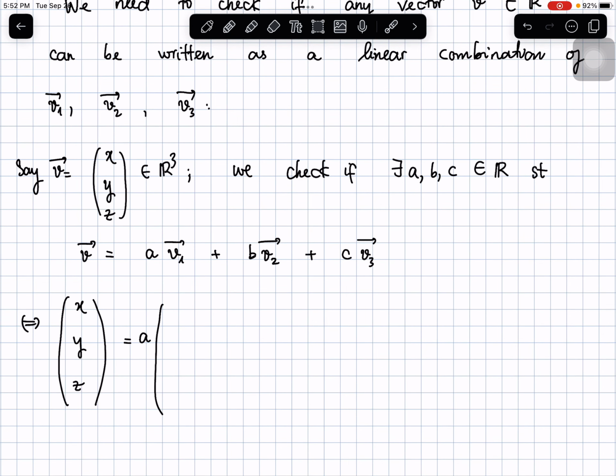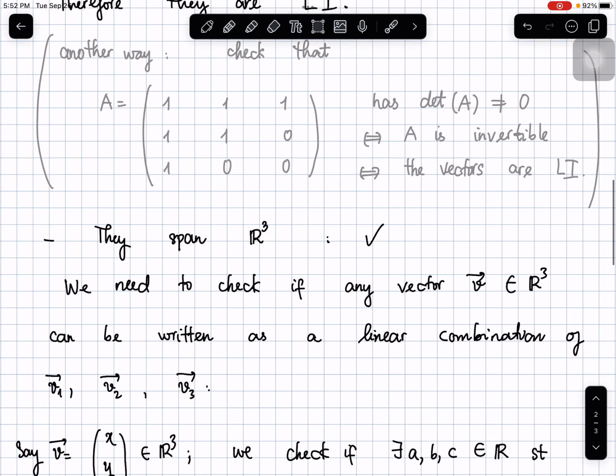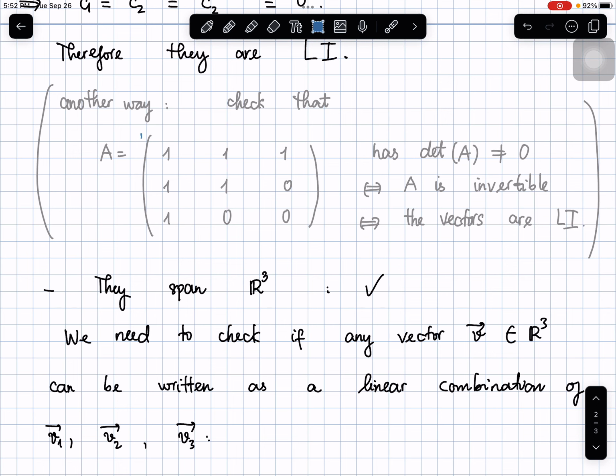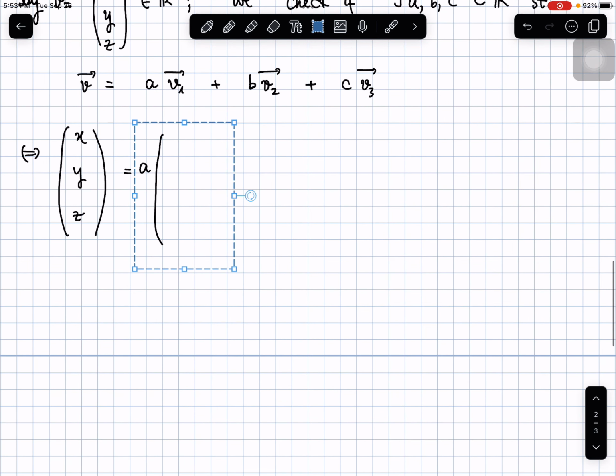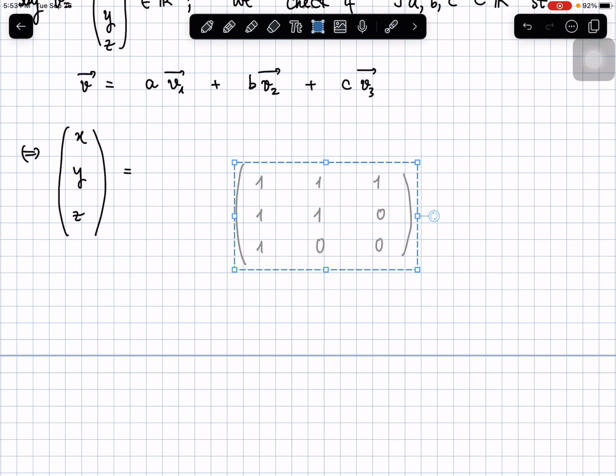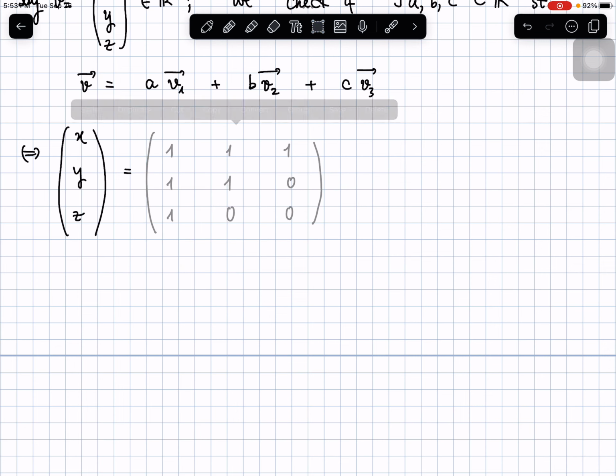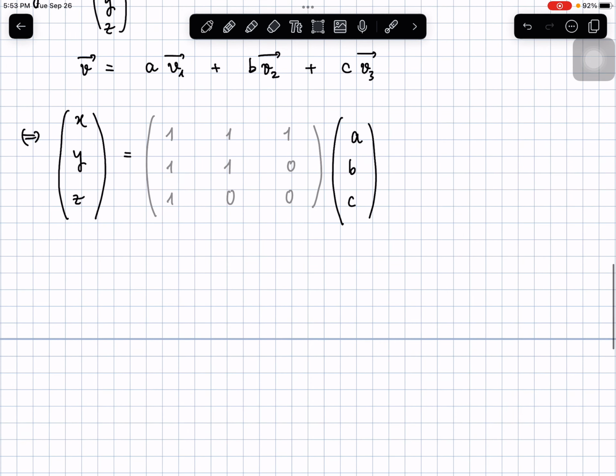So what is V1? V1 is this vector, so this is this matrix times A, B, C, right? So we have that.